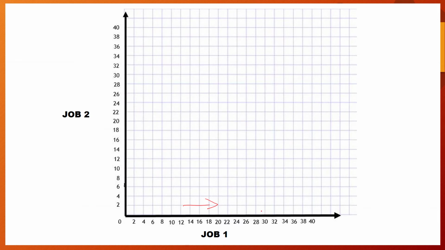We can plot the hours or minutes, whatever is given in the question paper. So this is the processing time of job 1, and on the vertical, in the same way, we need to put the time of job 2. So this is for job 2.